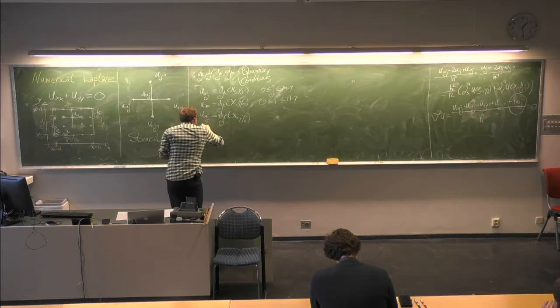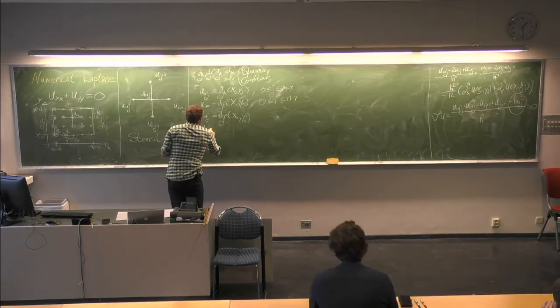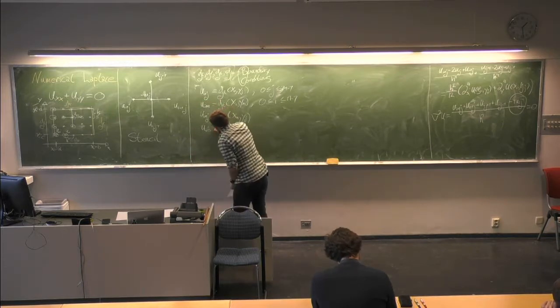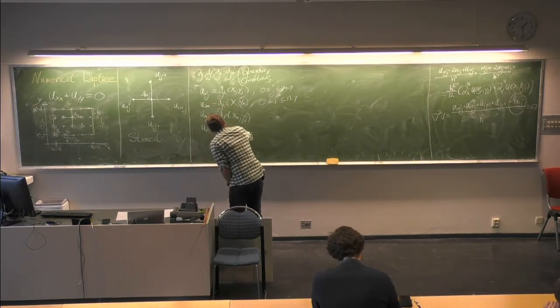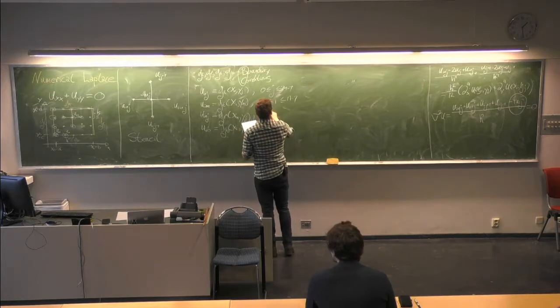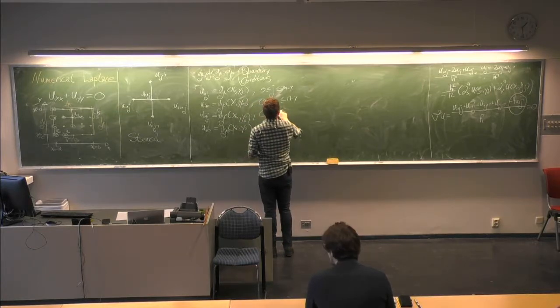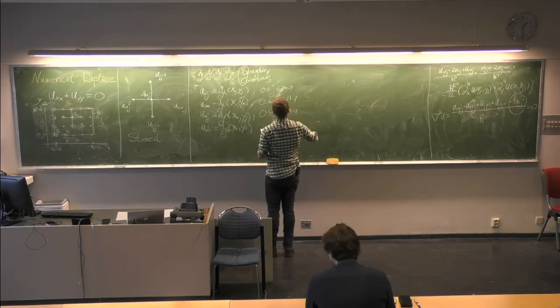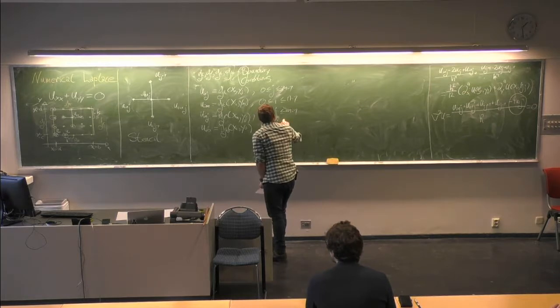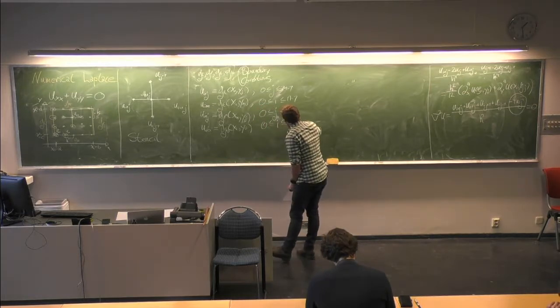And the bottom row, that's GB of xi, y0, for i from 1 to n minus 1.